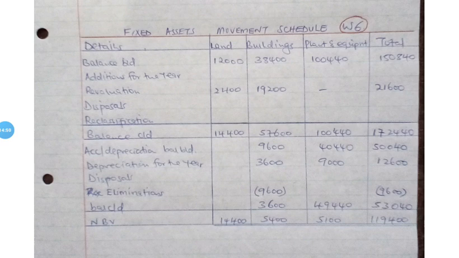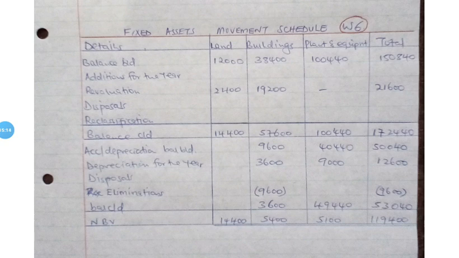That accumulated depreciation of the disposed asset is what we factor in under that category of disposals. You can see that we did not dispose an asset, and therefore we did not have accumulated depreciation of disposed assets. That's why we don't have a figure there.